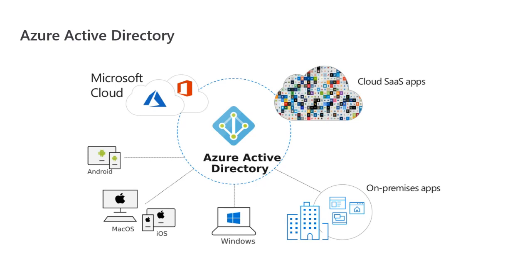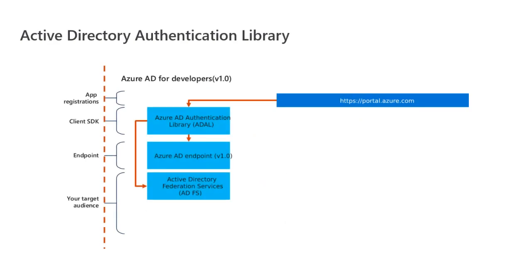Now, this is interesting because in the past, you could definitely write code against Azure Active Directory. We had the Azure Active Directory Authentication Library, or ADAL, and it worked. I know some people worked really hard on it, but I always joke that it was just very difficult.